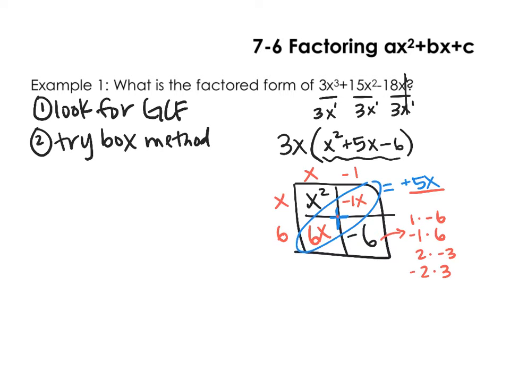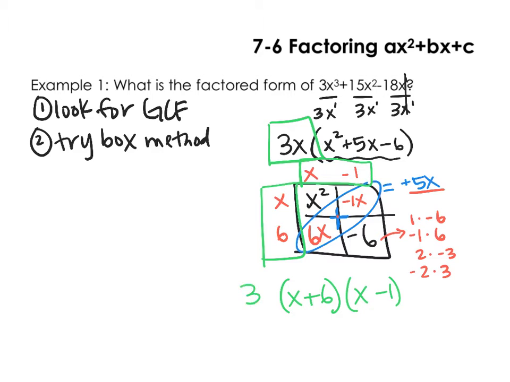So I have my solution right here. This factors to be x plus 6 times x minus 1, and I can't forget that I took that GCF out front, so I need to put it out front of my answer. So this is my final answer.